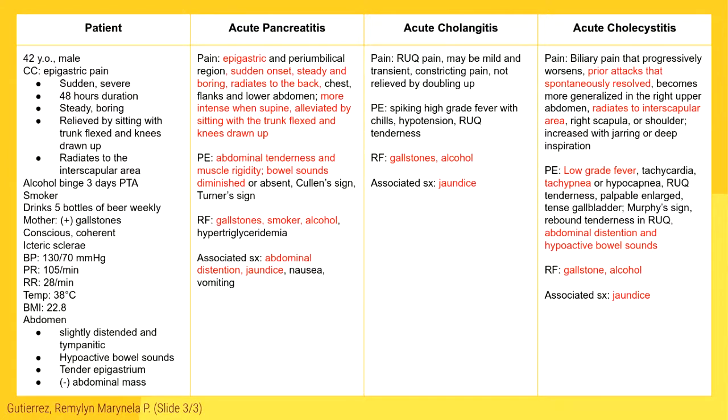Maybe summarize, because you're saying the three diagnoses. What is your final diagnosis? What will be the most likely diagnosis in this patient? Given this summary, the most likely diagnosis of the patient is acute pancreatitis.